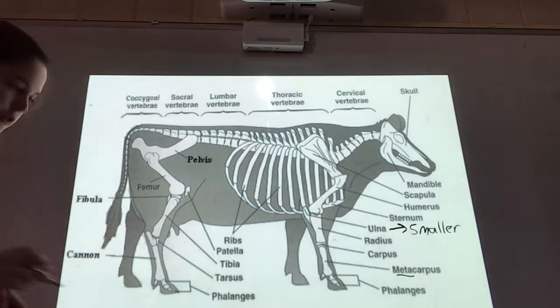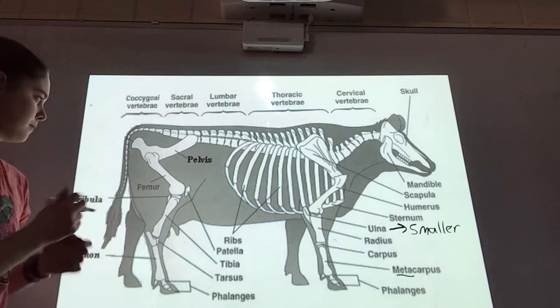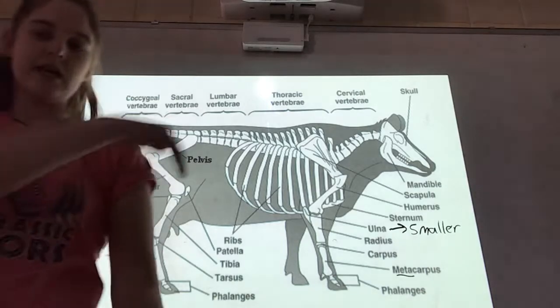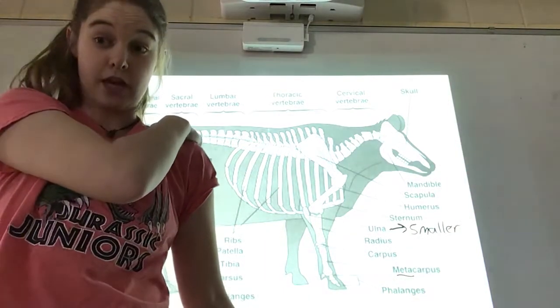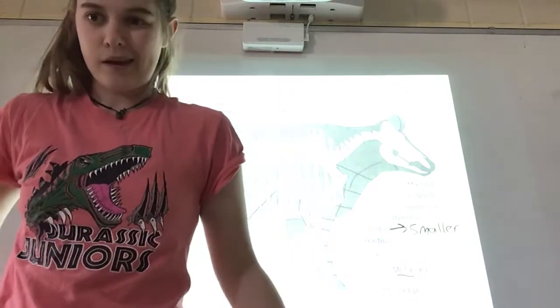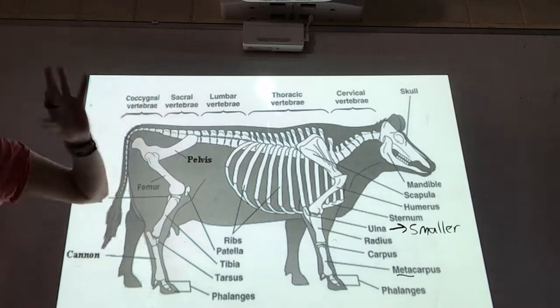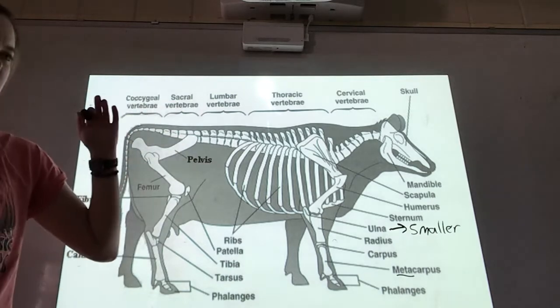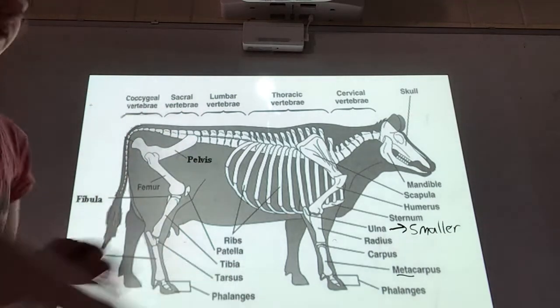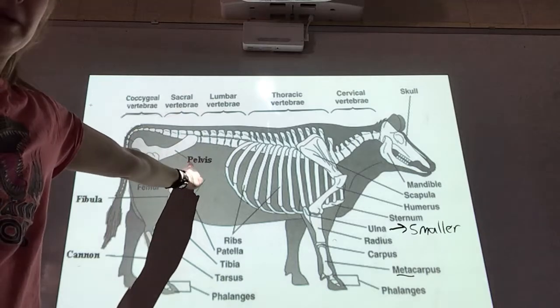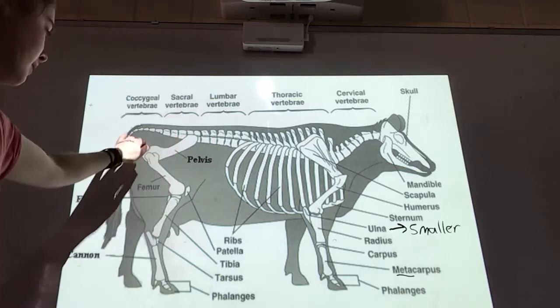Next, we are going to go through the back legs. So, just like your arm starts with your scapula, your back legs, or your legs, starts with the pelvis. And the pelvis has 2 parts, ischium and ilium, but we're not going to care about that. I just want you to know that you have a pelvis. It looks like this.